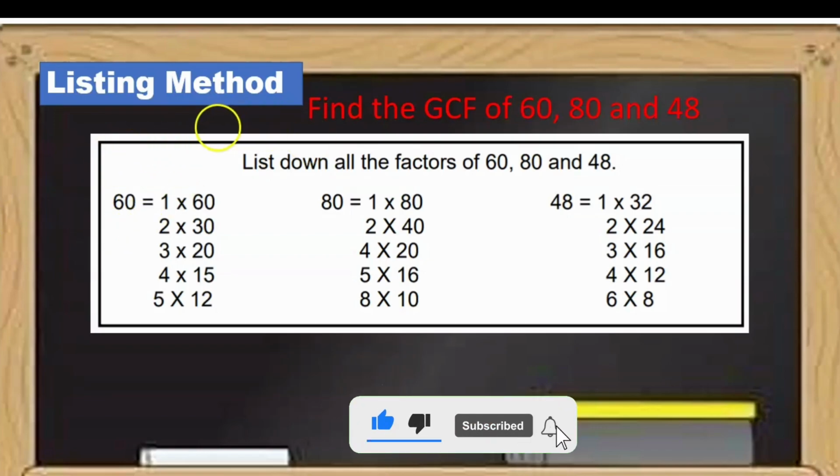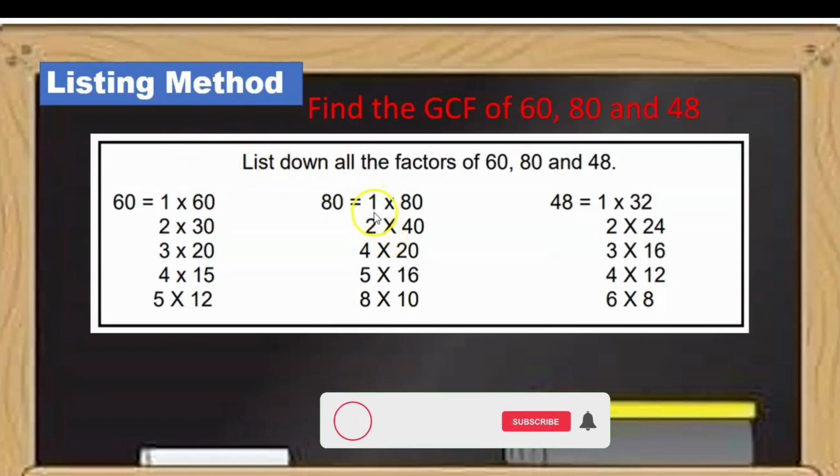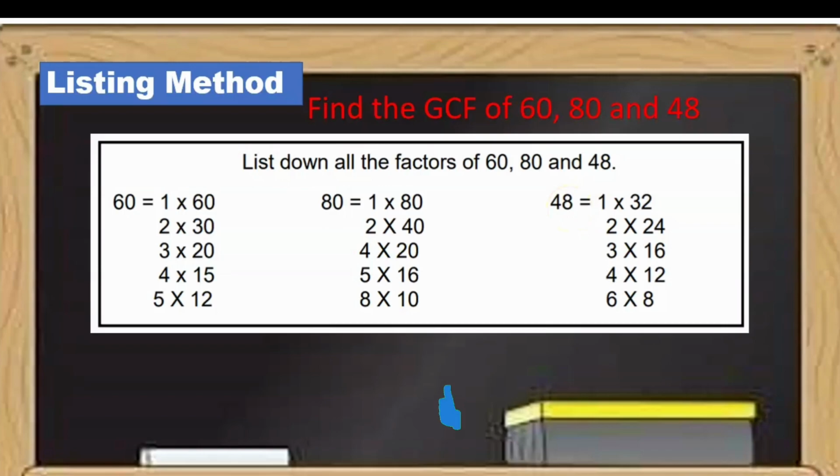Next, the factors of 80. We have here mga number na kapag minultiply natin, ang sagot ay 80. We also have here the factors of 48. Ito naman yung mga number na kapag pinag-multiply natin, ang sagot ay 48.